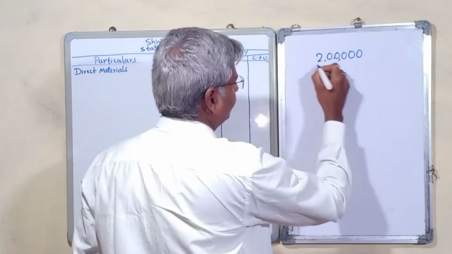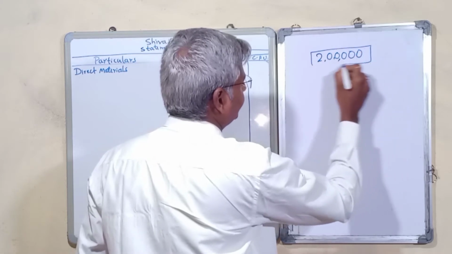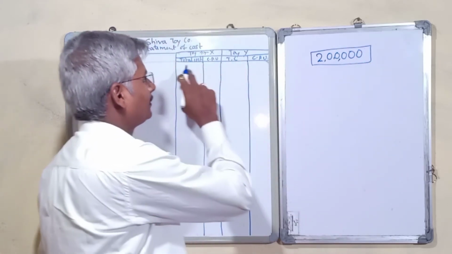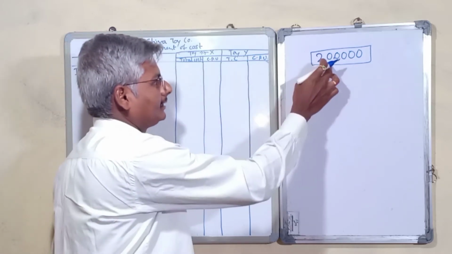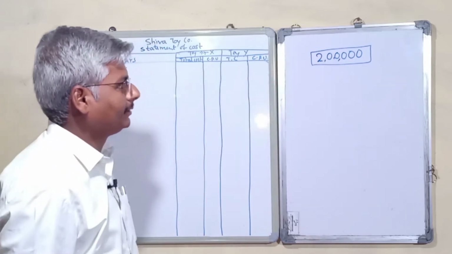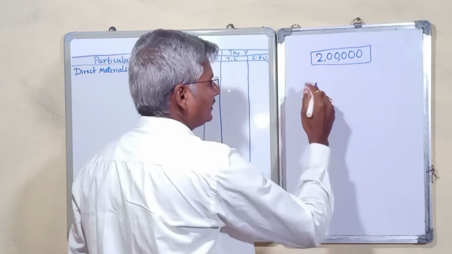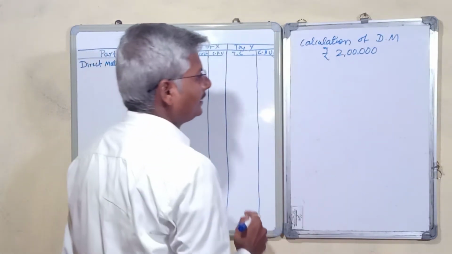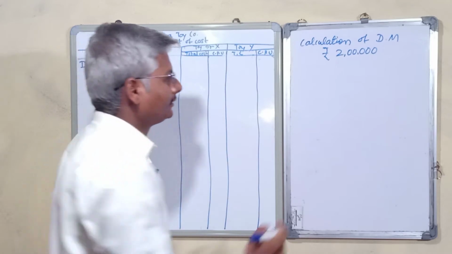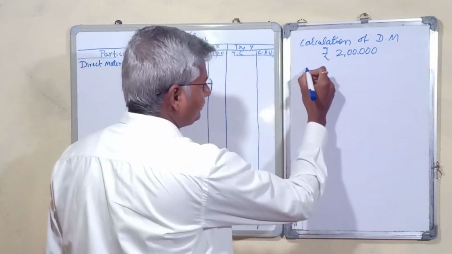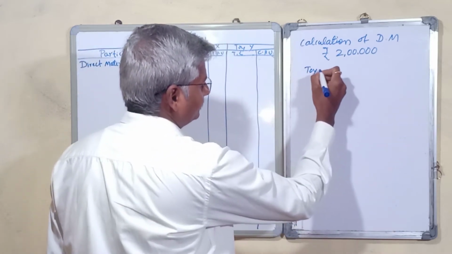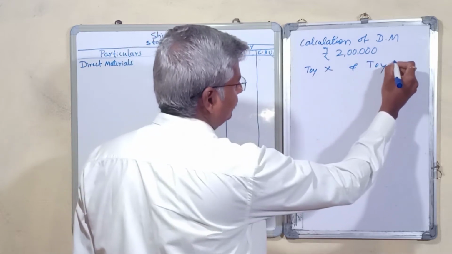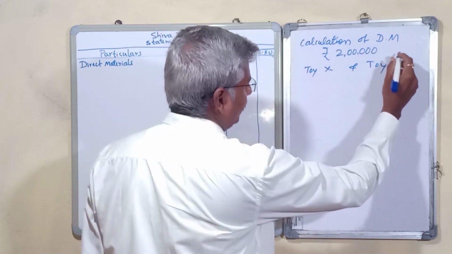We need to bifurcate the material used for type X and material used for type Y. So the total direct material is 2 lakhs. We need to allocate it for toy type X and toy type Y.